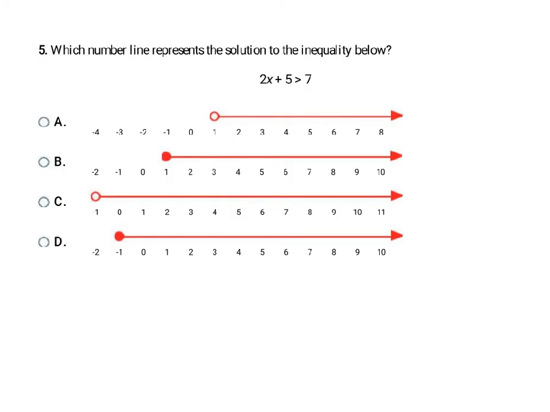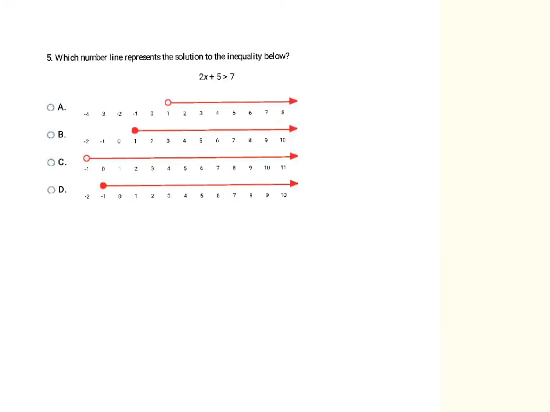And then if you divide both sides by 2, to undo the 2 in front of the x, to undo that multiplication, these 2's cancel, and I'm left with x is greater than, and 2 divided by 2 is 1. So this is my solution, so I need to find a graph that matches that.